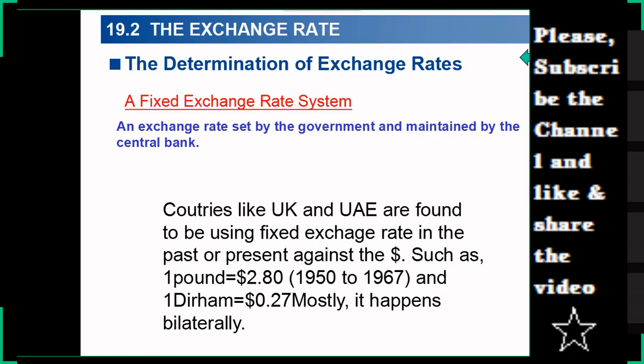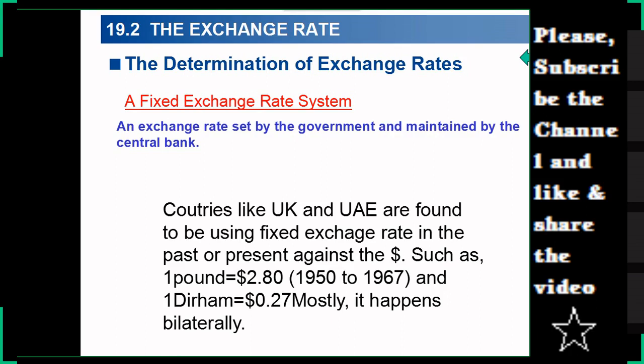So that was most likely called the gold standard. As it is not there in your book or curriculum, I'm not discussing those points, rather maintaining the balance between your books. Okay, so other than that, if it is about currency, then it is considered as a currency board.